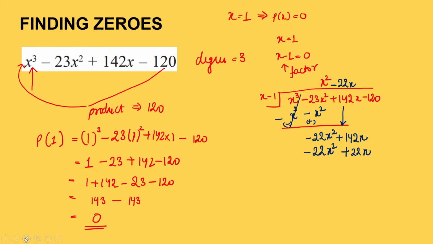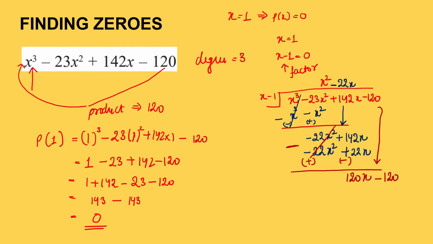Now subtract it. Change the sign. Negative will become positive, positive will become negative because subtraction is taking place and subtraction always changes the sign. This 22 will be cancelled out. If you subtract it, you will get 120x. Since 142 is greater and in front of it positive sign is there, so it will remain positive. Now copy down the last element, negative 120.